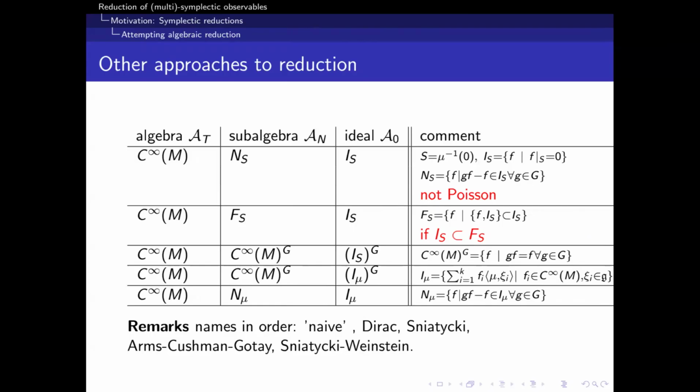So the first thing, as I said, because it's not giving a Poisson algebra, I would call it naive. This was observed by Dirac, who repaired it by the second approach. The third one is from a paper of Sniatycki. The fourth one from a paper by Arms, Cushman, Gotay. And the fifth one by a paper from Sniatycki-Weinstein.